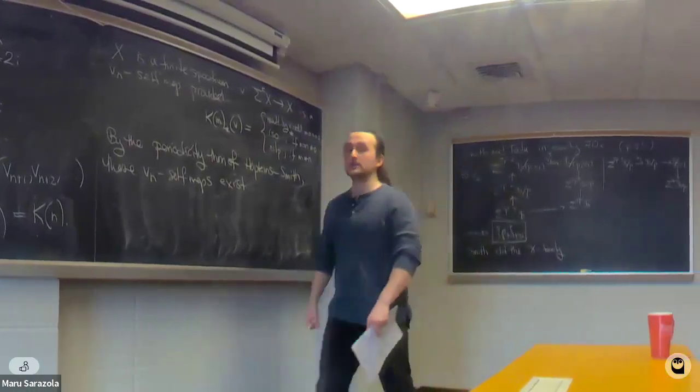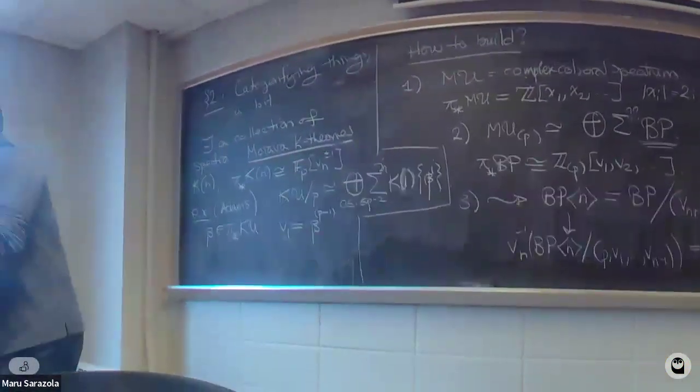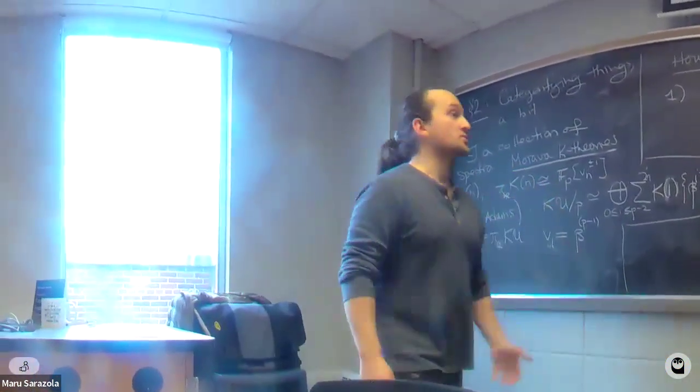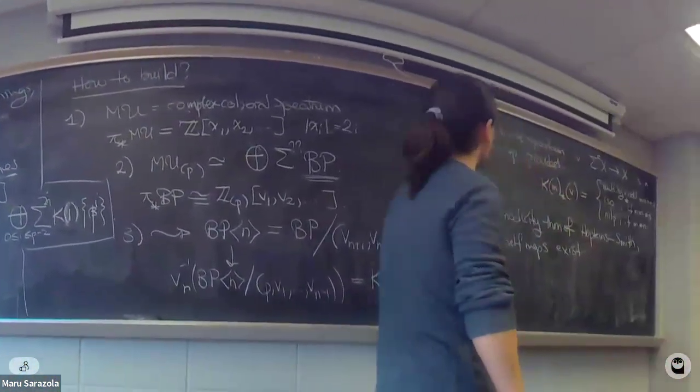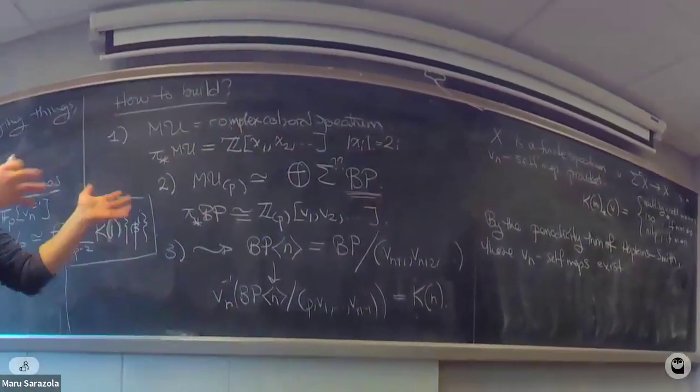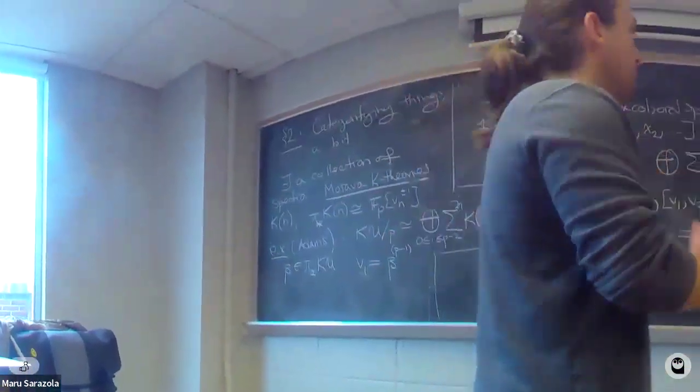And you can give a characterization of when exactly you have a Vn self map by computing some homology. In particular, you take the homology of these Morava K theories of X, and if it satisfies some conditions, you can show that X admits some Vn self map.